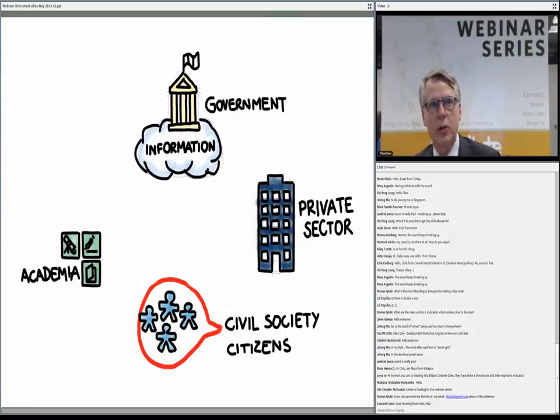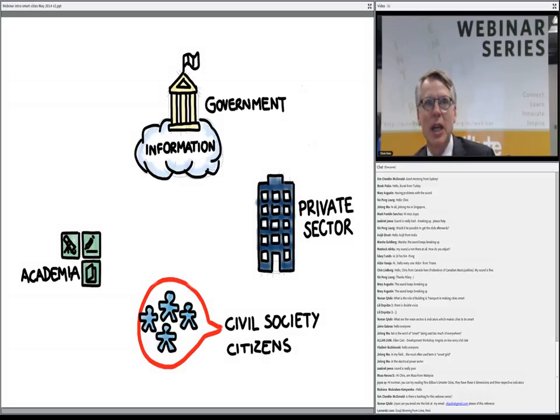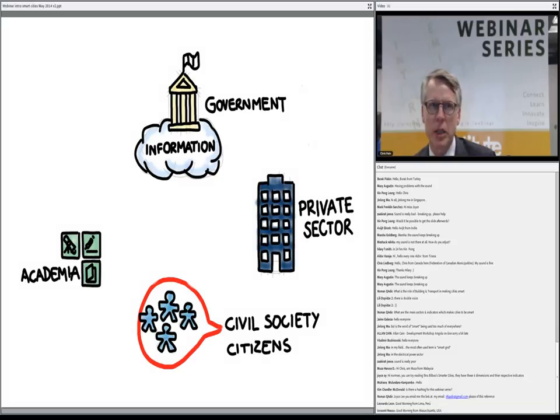I'd like to share with you a cartoon that captures the basics of this ecosystem approach. We start with government on top, and I don't mean to say that government should be on top and coming down, but in its traditional sense, government has an incredible amount of information about the daily lives of you and me as we live in cities, as we visit cities, as we leave cities.